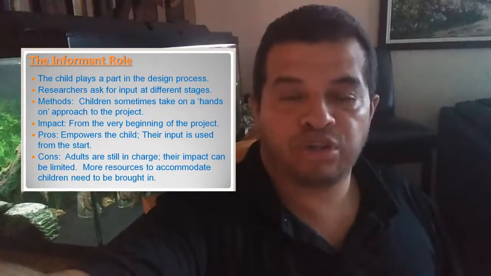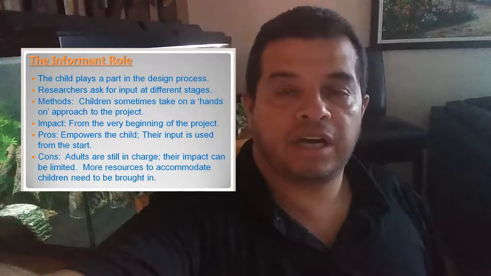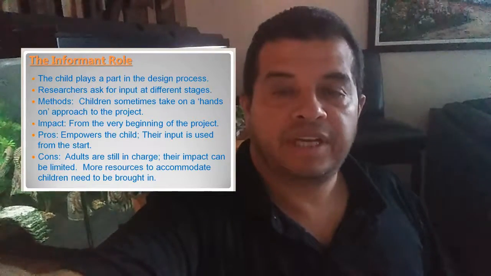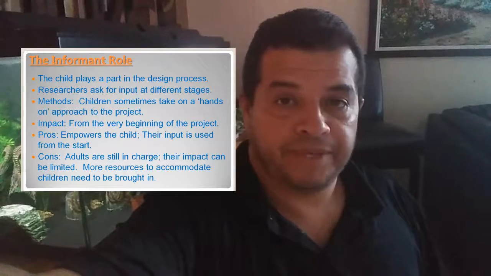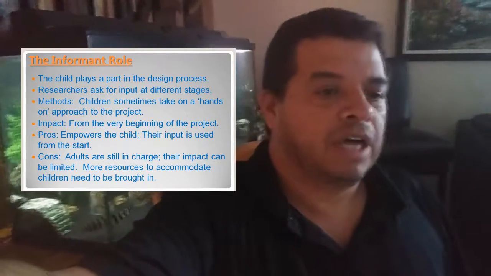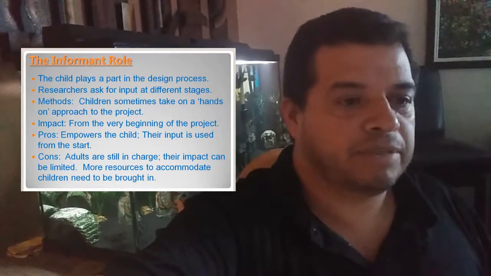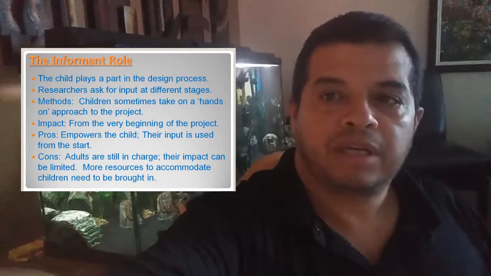In the role of informant, the child takes a more active role in the design process. Developers ask for greater input at different stages of development. The child ends up taking a more hands-on approach. This is nice because the impact is felt immediately, since they can get their feedback right away.